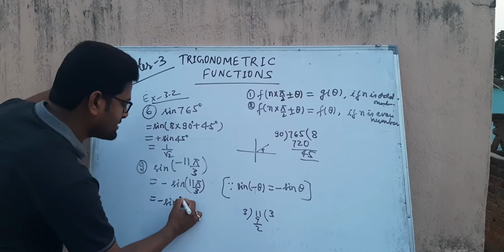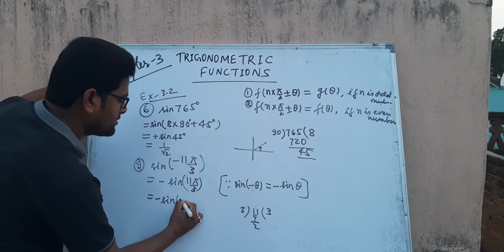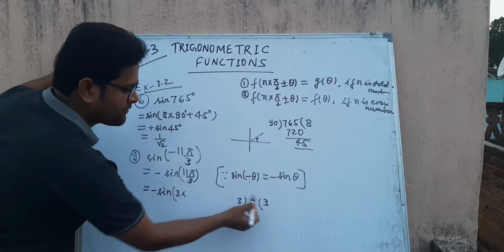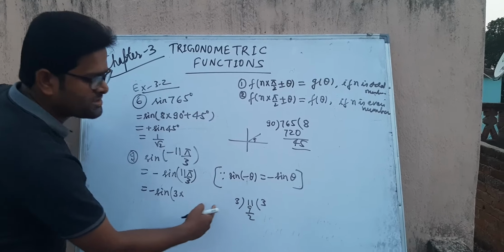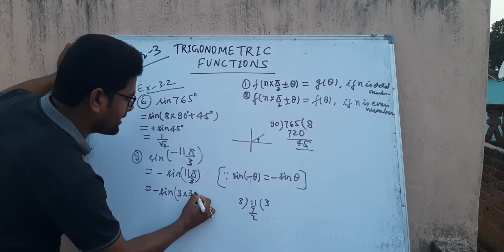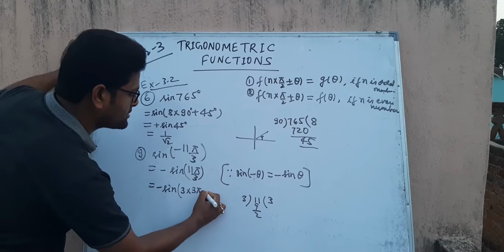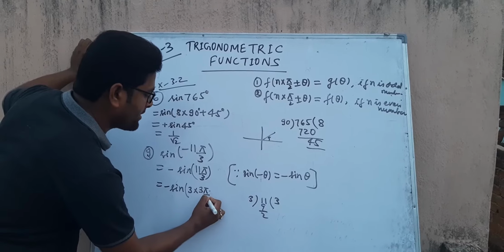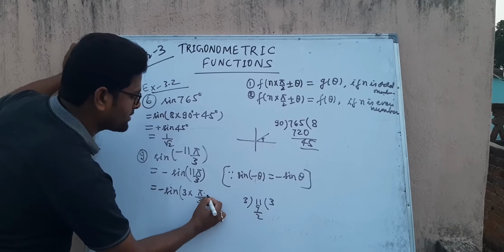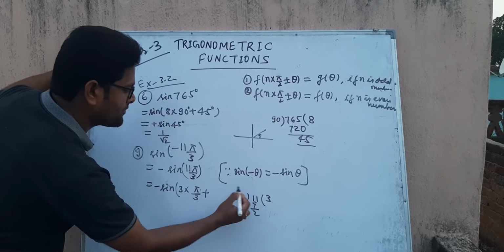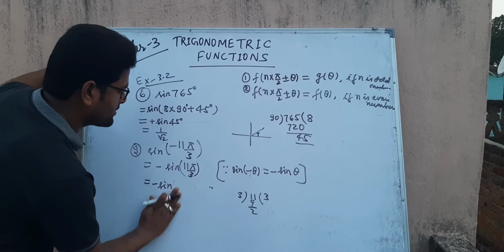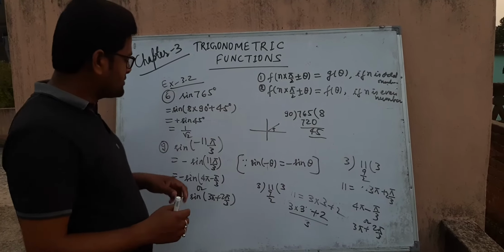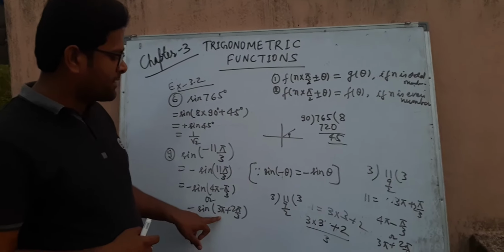So we can write it as 3 pi plus 2 pi by 3.